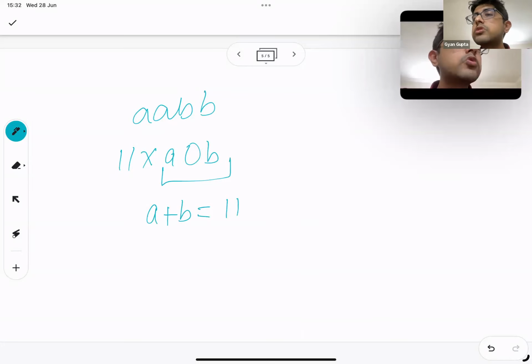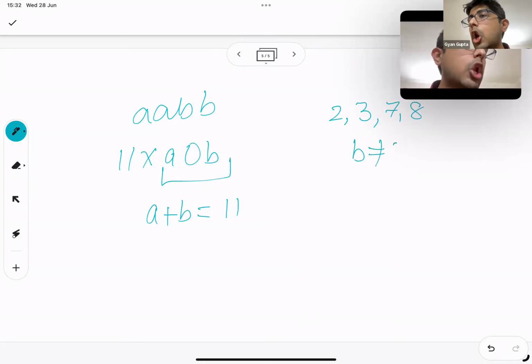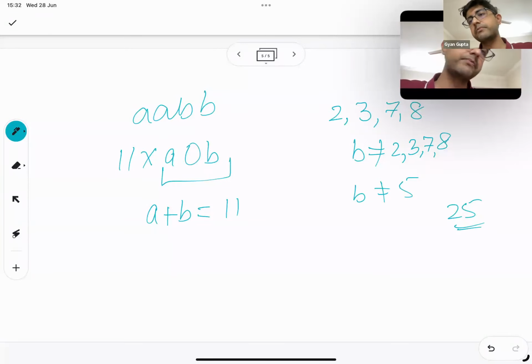After that, we used the concept that a perfect square does not end with these digits, which eliminated those values of B. We also said B cannot be 5 because a perfect square ending with 5 will have 25 as the last digits. Using these, we were left with 3 solutions to check, and out of those 3 solutions, only one resulted in a perfect square.